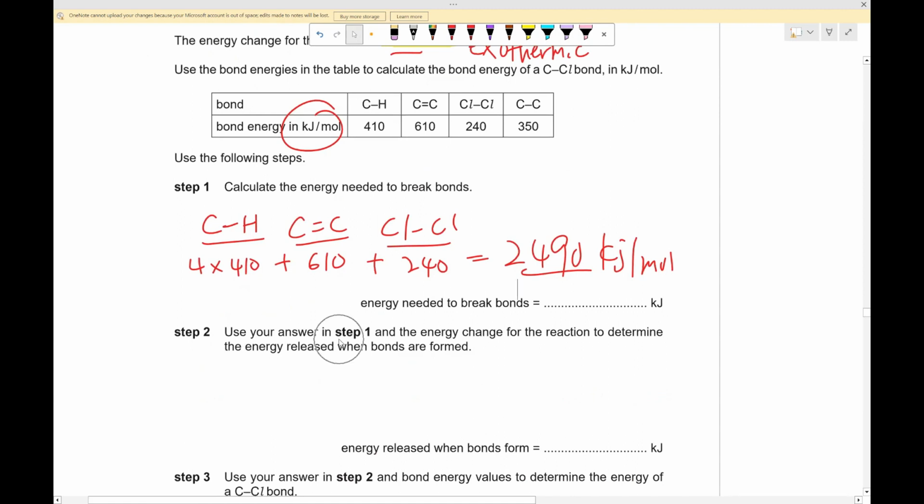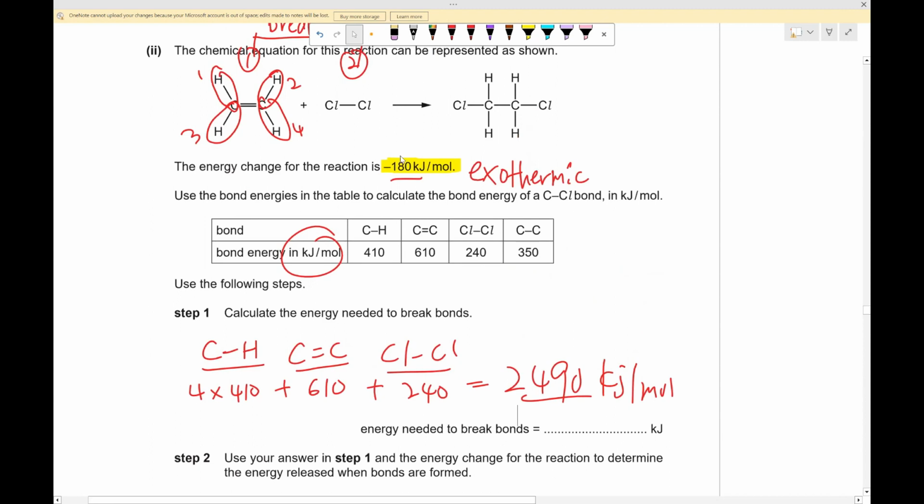Then next one, step number 2. Use the answer in step 1, I mean the 2490 here, and the energy change for the reaction to determine the energy released when bonds are formed. So now, bonds are formed, meaning that how much energy is lost to the environment? 180, right?